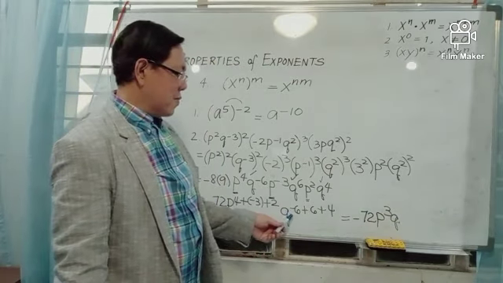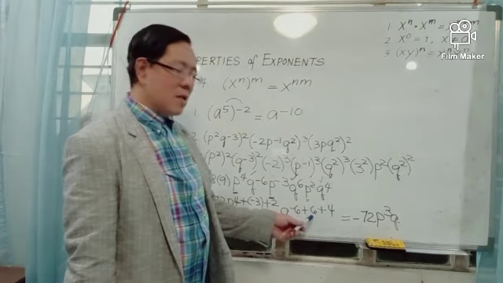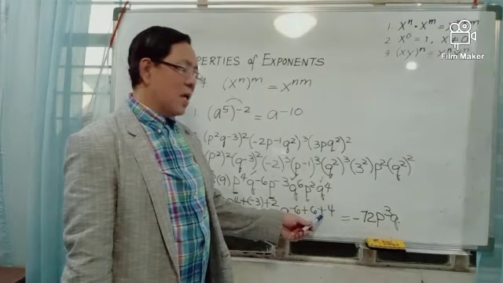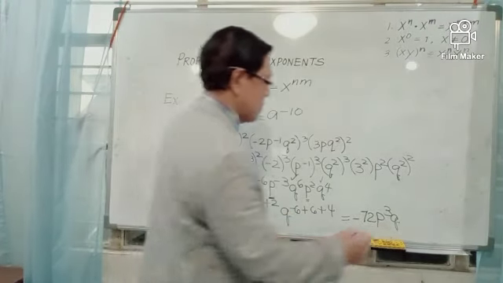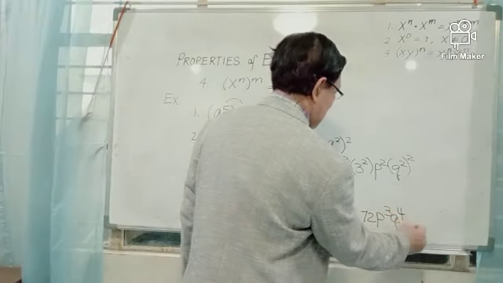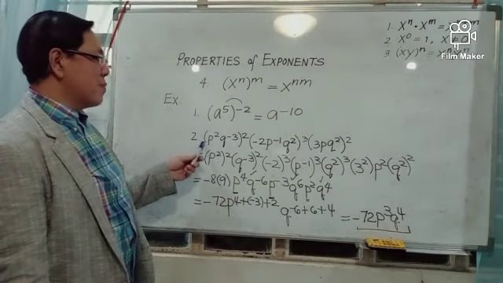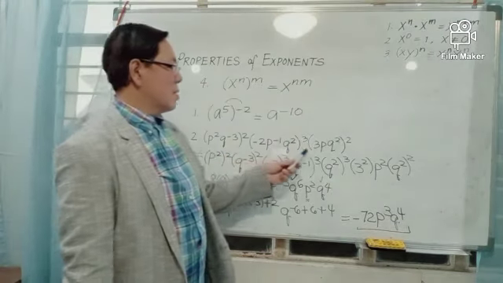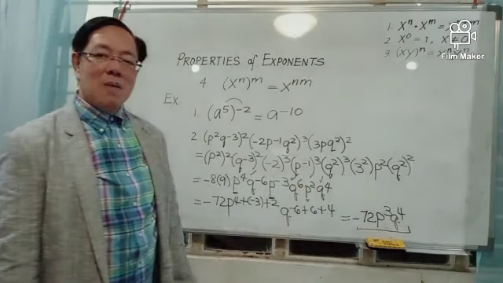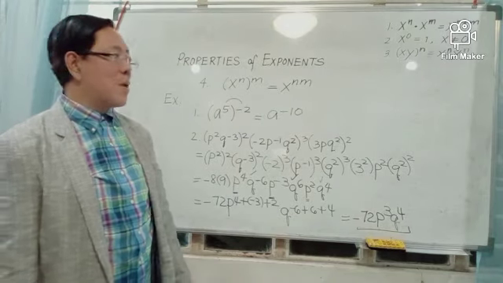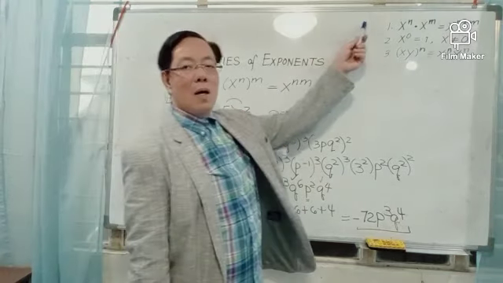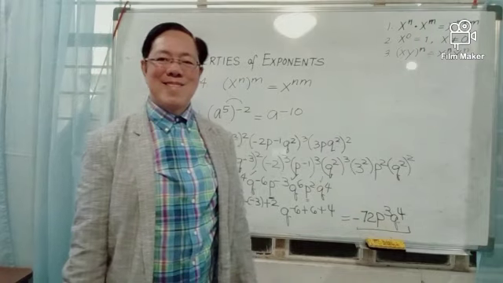The exponent of q: negative 6 plus 6 is 0, plus 4 is 4. Hence, this is the simplified form of the given product. And we have simplified that by using the properties of exponents.